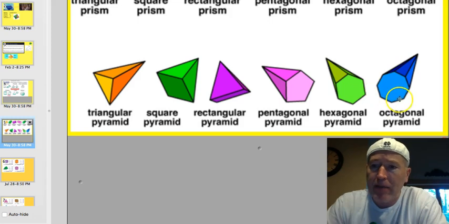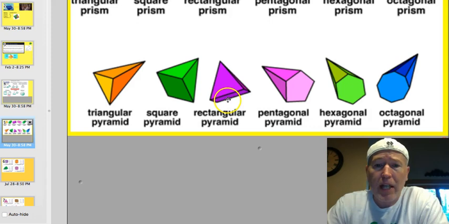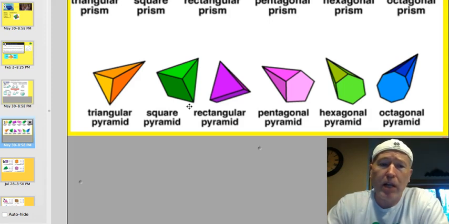It has a base of an octagon and then triangular faces that meet at a point, or at the apex. So this here is an octagonal pyramid, a hexagonal pyramid, pentagonal, rectangular. Here's a rectangle here on the bottom. Okay, so that's what prisms and pyramids have in common. We name them by their base.